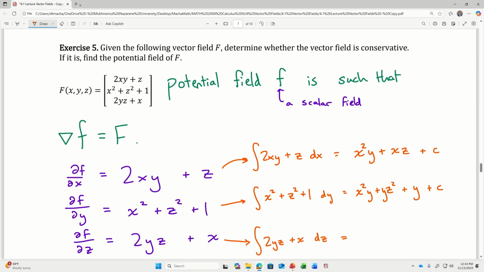And what's the antiderivative of 2yz plus x with respect to z?